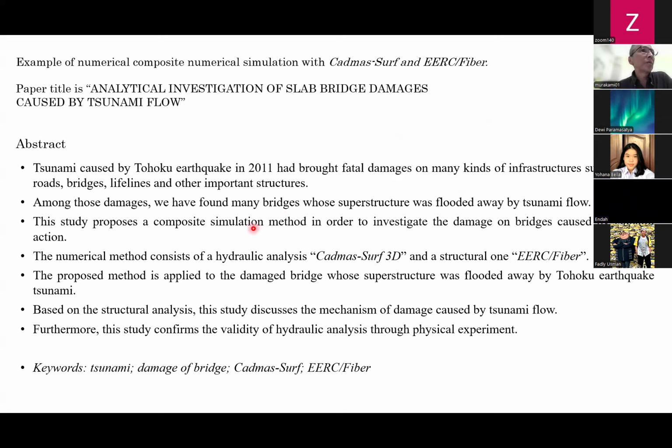This study proposed a composite simulation in order to investigate the damage or breach caused by tsunami action. Okay. So in this research, we use CADMAS here to simulate the tsunami flow, and also EERC fiber to simulate the structural damages. Okay.